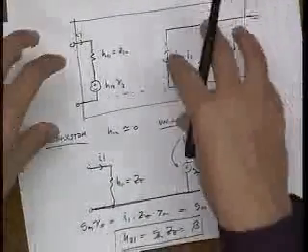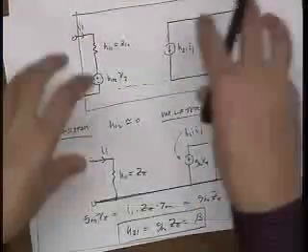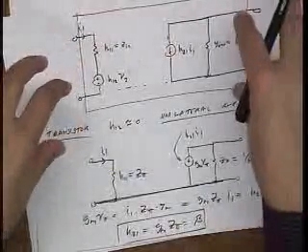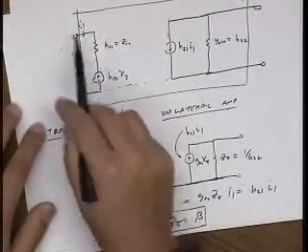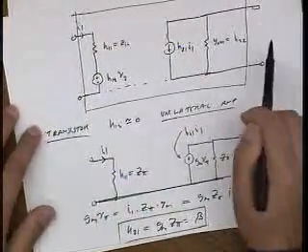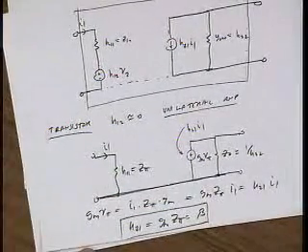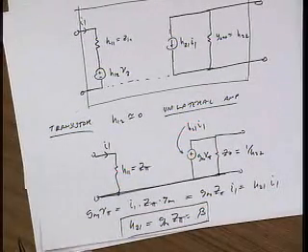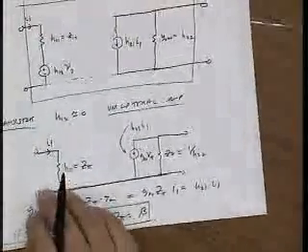And that means that these are kind of like floating references. So I don't have to worry about, if I load the input, it's not going to load the output in any way, right? Here, if I put an impedance down here, it just loads the input. Output is not affected. Here, if I put an impedance, it actually will affect the output, right? And that's actually a big difference that usually explains why your results are not right. And blame that. Okay, well look, we'll see a particular example of that.